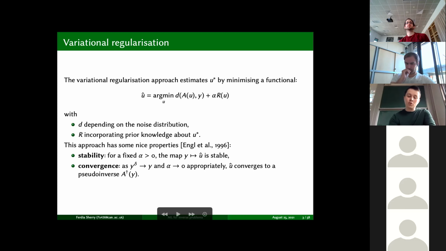Sure, we have some idea of how we should let these go to zero in the asymptotic regime, but in practice you need to come up with some heuristics for how to choose these parameters. So this really gives rise to the data-driven approach, I guess. You want to see, can we come up with a way to learn from data how to solve an inverse problem?